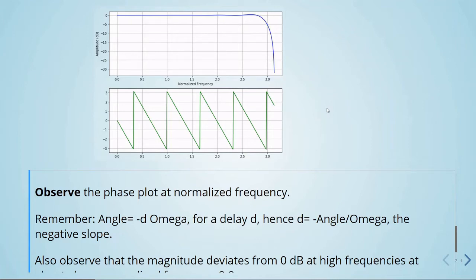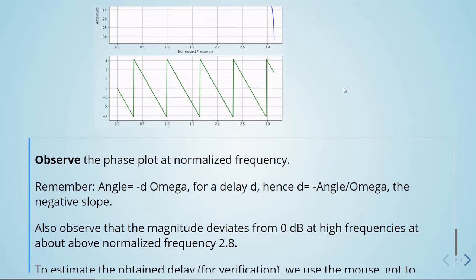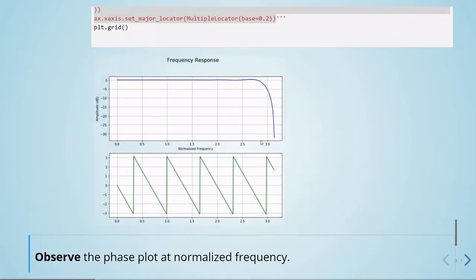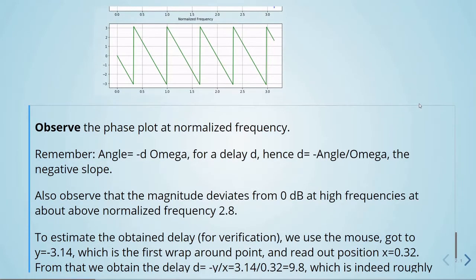And we also observe the magnitude deviates from 0 dB at high frequencies at about the normalized frequency 2.8, so around here. So we are all at 0 dB, but then it deviates here.